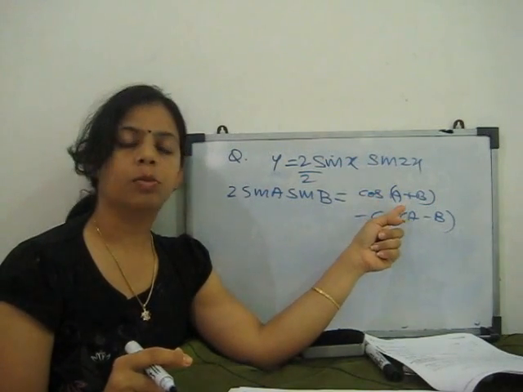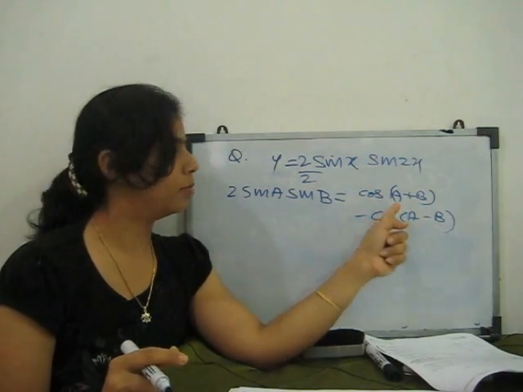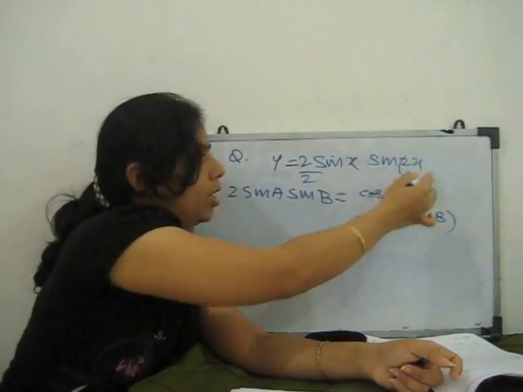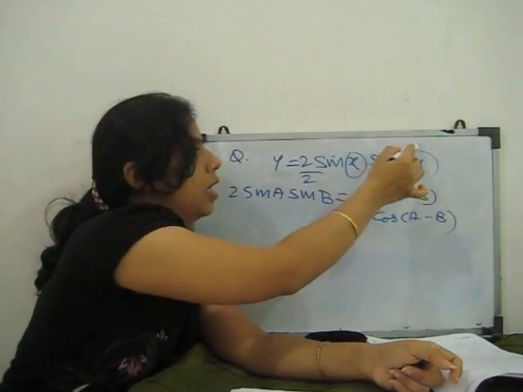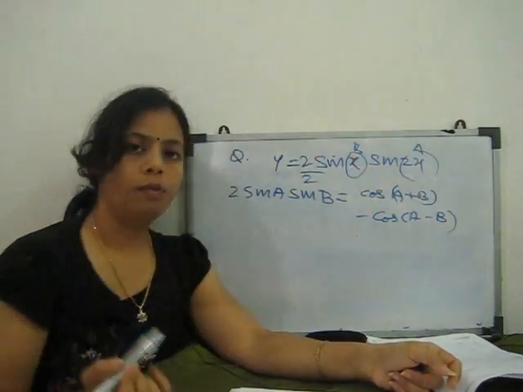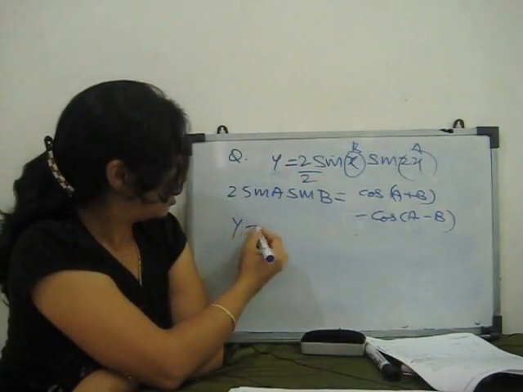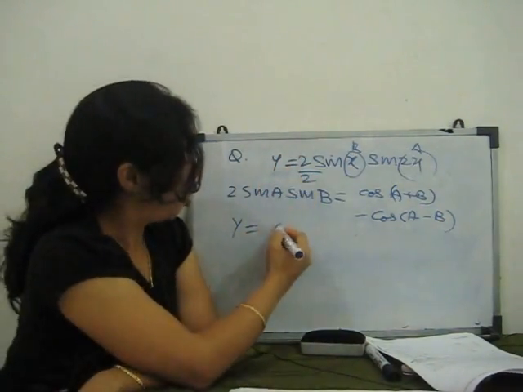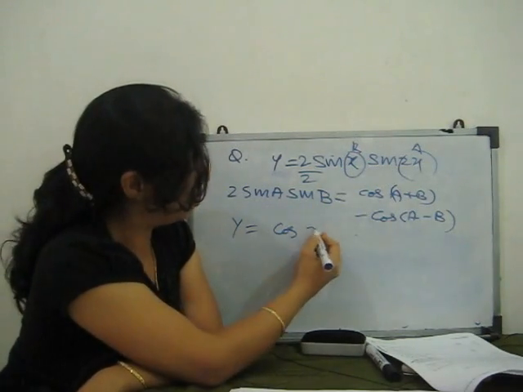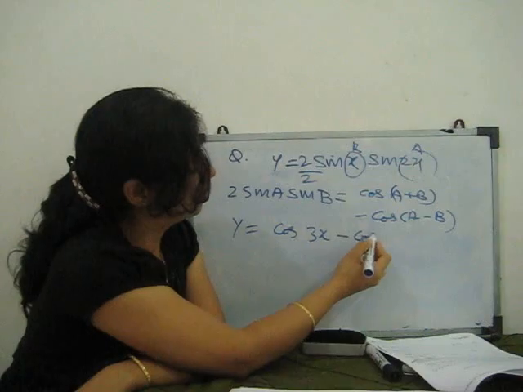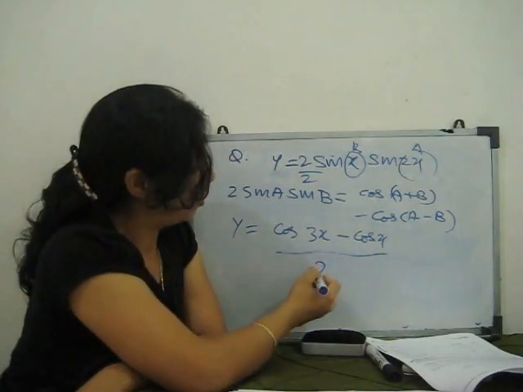So cos A cos B plus sine A sine B, and this gives cos A cos B minus sine A sine B. A put 2x, B put x. This is A and this is B. So we can easily change. If we put A is equal to this, then y is changed into cos 3x, cos(A plus B) is 3x, minus cos x, divided by 2.